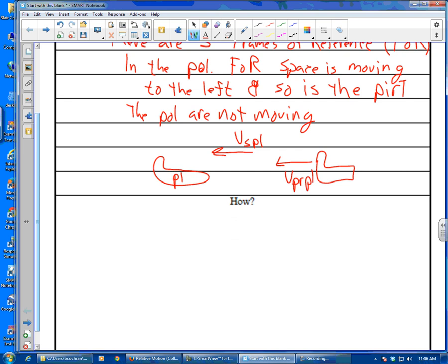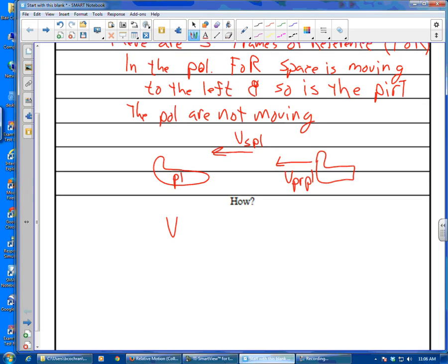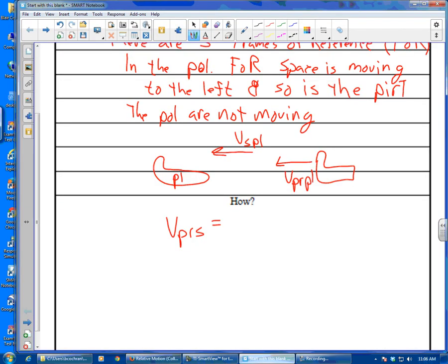And so, what we're given, we're told the velocity of the pirates with respect to space is 1263 kilometers per hour.